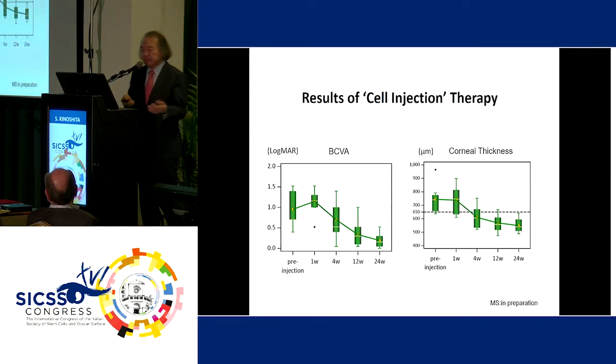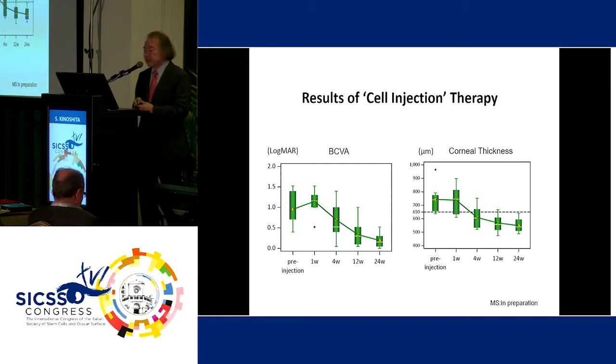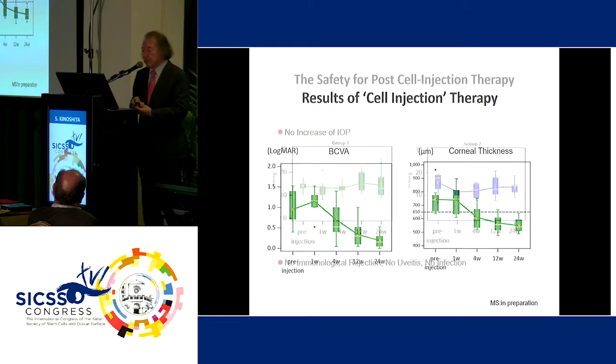This is a summarized result of cell injection therapy, best corrected visual acuity and corneal thickness. Corneal thickness under 650 we could obtain about 4 weeks after the cell injection, but corneal epithelial edema had already disappeared about 1 week after. So I think this is also quite reasonable.